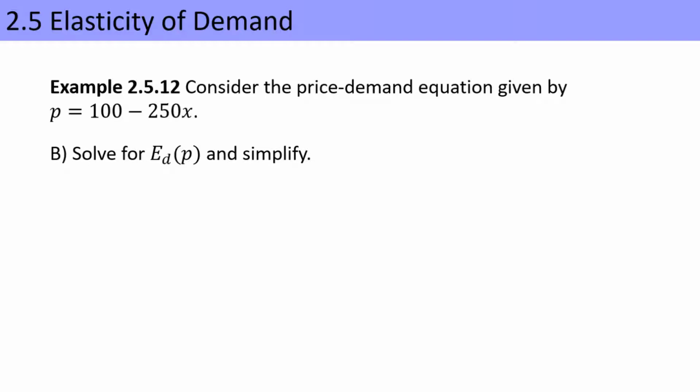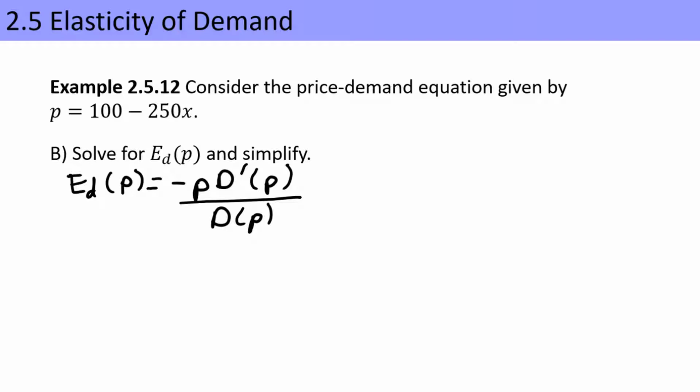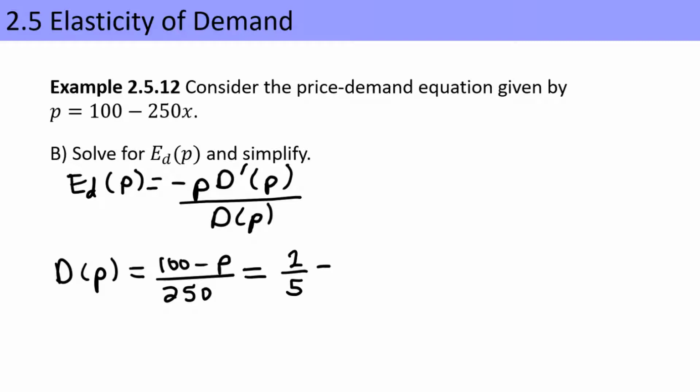Part B. Solve for the elasticity of demand with respect to P and simplify. The elasticity of demand with respect to P is the formula negative of P times d prime of P, that's the derivative of d with respect to P, divided by d of P. In Part A, we solved for the demand with respect to price, and that function was 100 minus P divided by 250, and we simplified that to 2/5 minus P divided by 250.